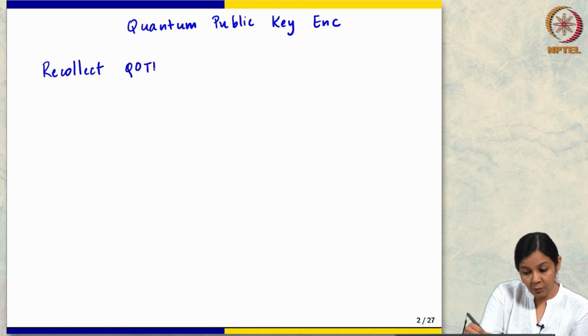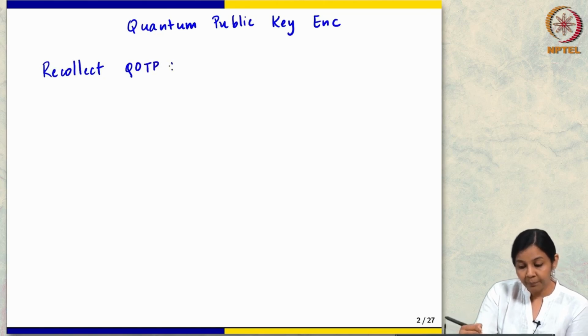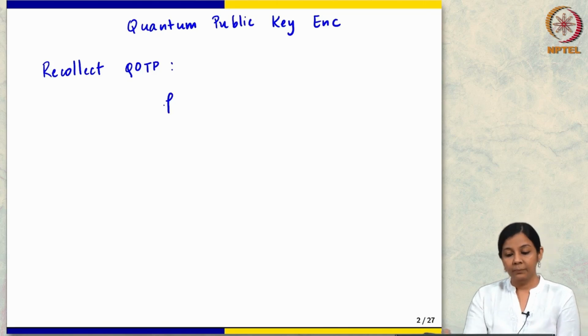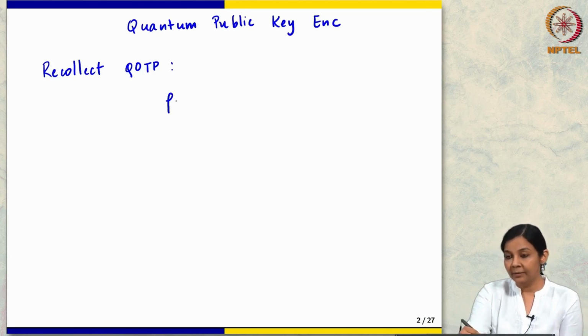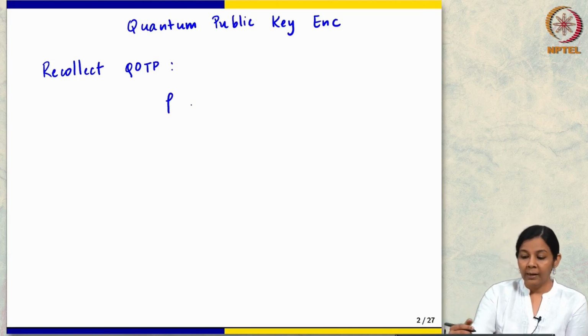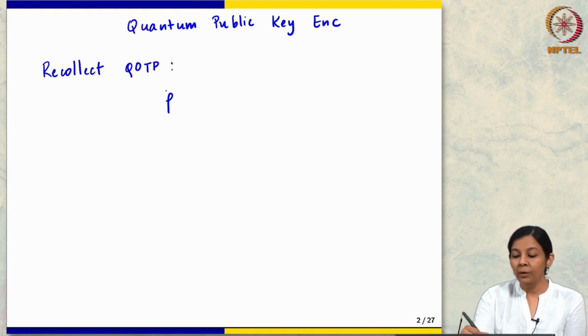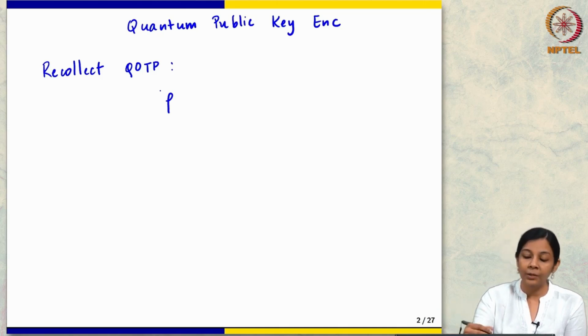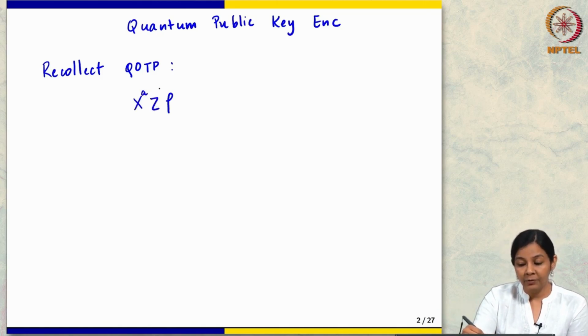Okay. So, for the QOTP, if I had some arbitrary mixed state rho, in order to encode this arbitrary mixed state into a state that reveals no information, we were applying some X to the a, Z to the b, right.